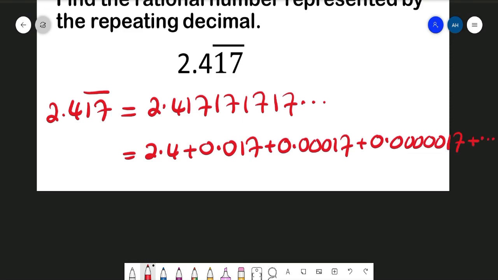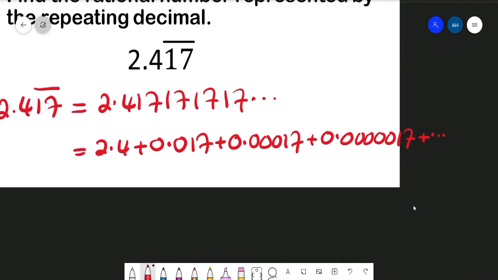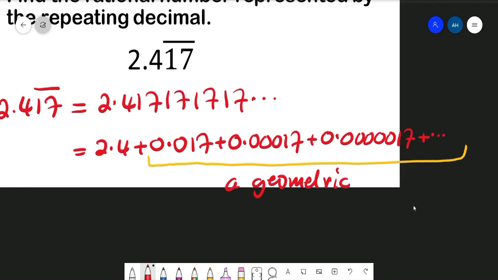Follow the same pattern, infinitely many terms, going to infinity. Now if we look carefully at this sum, starting from 0.017 and going to infinity, this is just a geometric series.